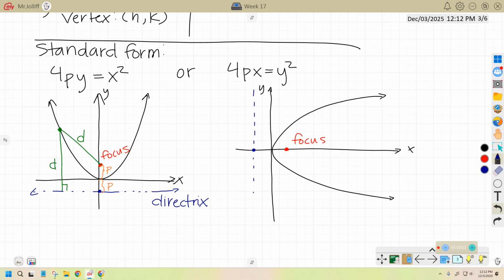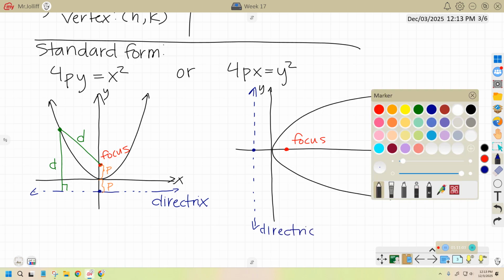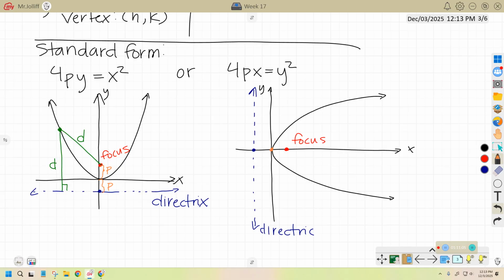Directrix is always perpendicular to the axis of the parabola. And this is that same pattern. Distance from the vertex to the focus is P. Distance from the focus to the directrix is P. If I can pick off P, I can write my equation.